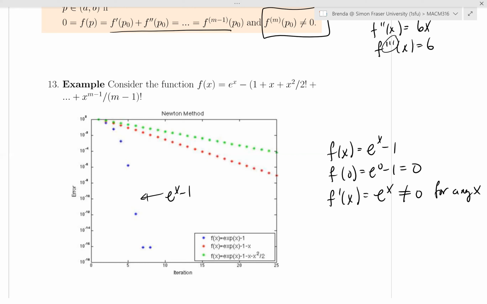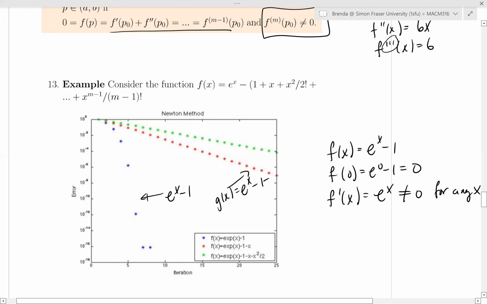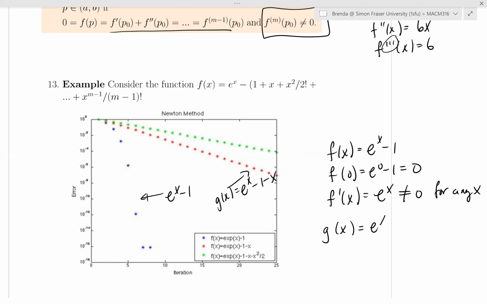That is a simple root. Newton's method converging nicely. Now we take the next version of this function, let's call it g of x. G of x is e to the x minus 1 minus x. So g of 0: e to the 0 is 1, and it says g of 0 is 0.